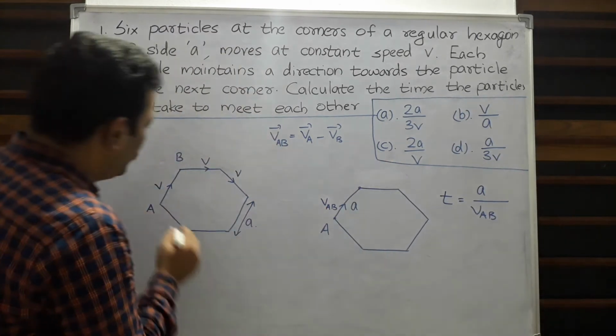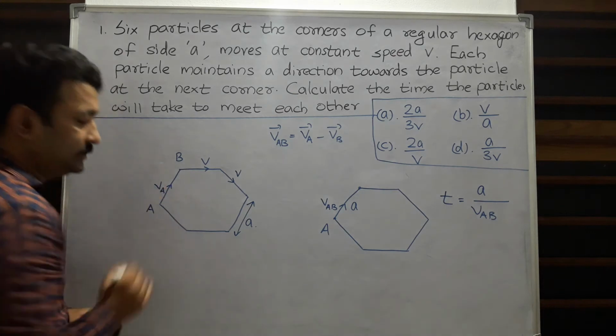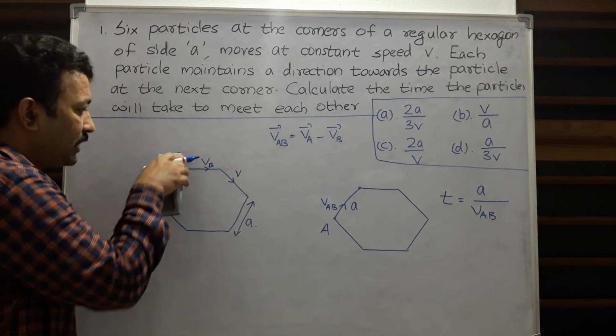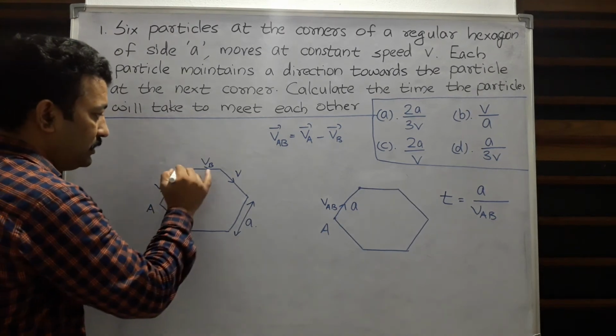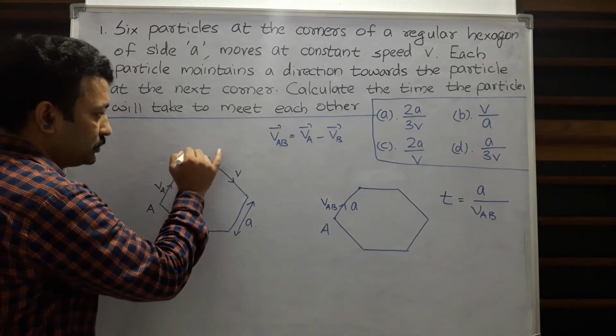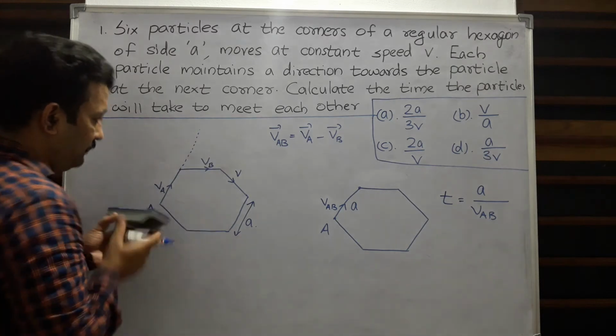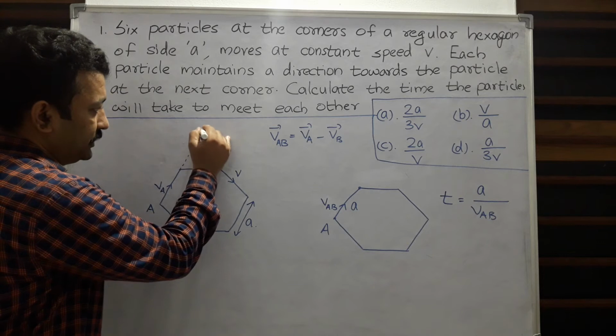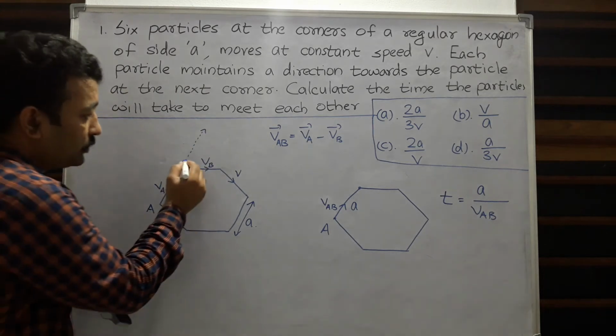We know VA is in this direction. This is the actual direction of VB, but I have to get the component of VB in this direction, so as to get the relative velocity. What about this angle?